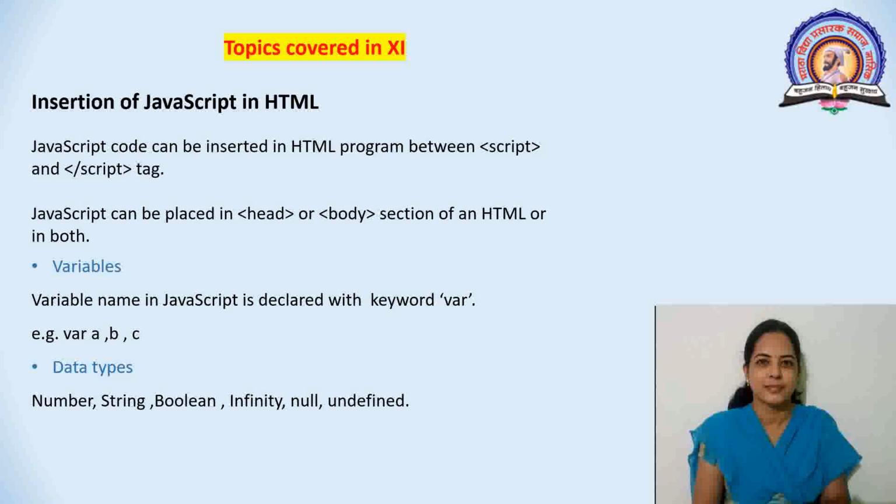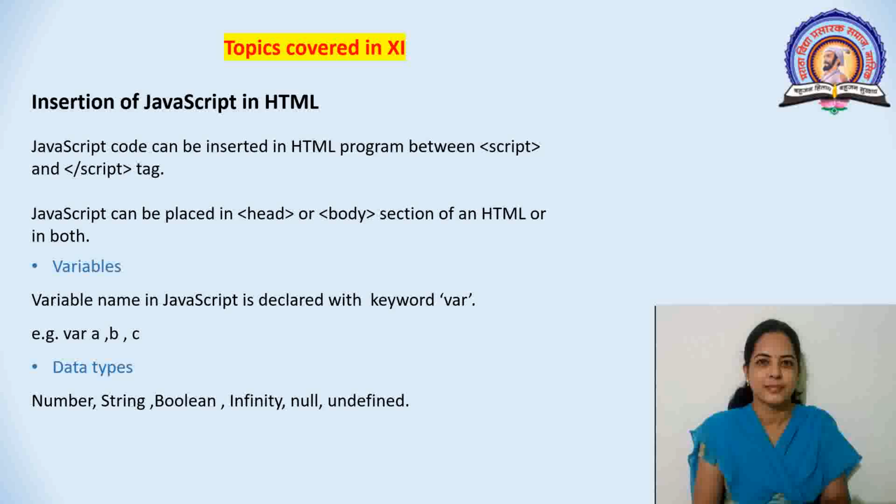Then next topic is data types. So there are different types of data which can be used in the JavaScript. So first data type is number data type. In this data type we can store numerical values. Then second is string.